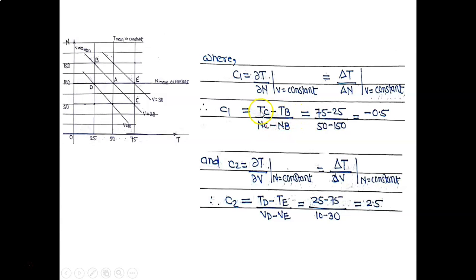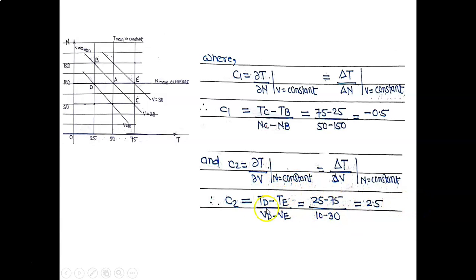If you take Tb minus Tc and according to that find Nb minus Nc, still this answer will remain the same. Similarly here, if you take Te minus Td divided by Ve minus Vd, still this 2.5 answer will remain the same. Therefore you just have to follow one direction only, the answer will remain the same.